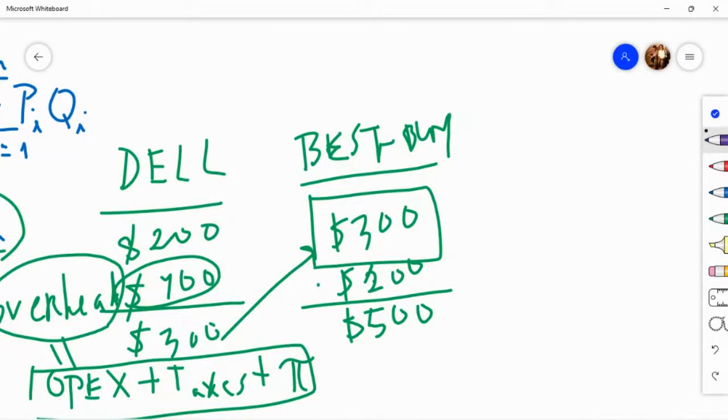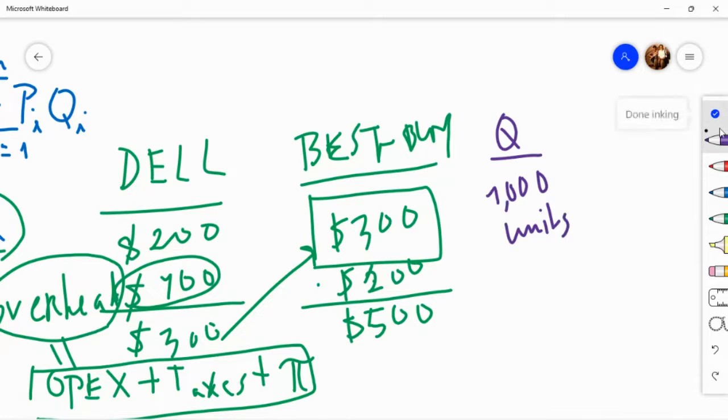So if they sell, okay, quantity, let's say they sell 1,000 units.